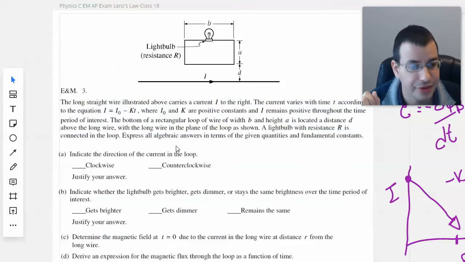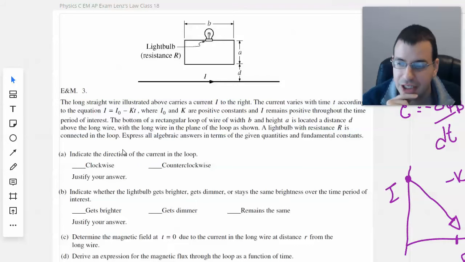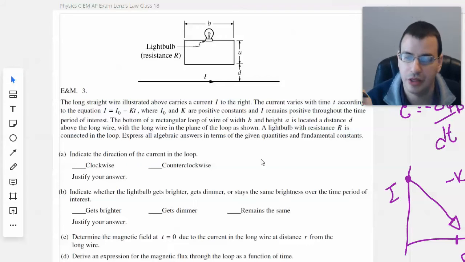Long, i.e. infinite. A light bulb with a resistance R, so it's just a resistor, is connected in the loop. Express all algebraic answers in terms of given quantities and fundamental constants. Indicate the direction of the current in the loop.